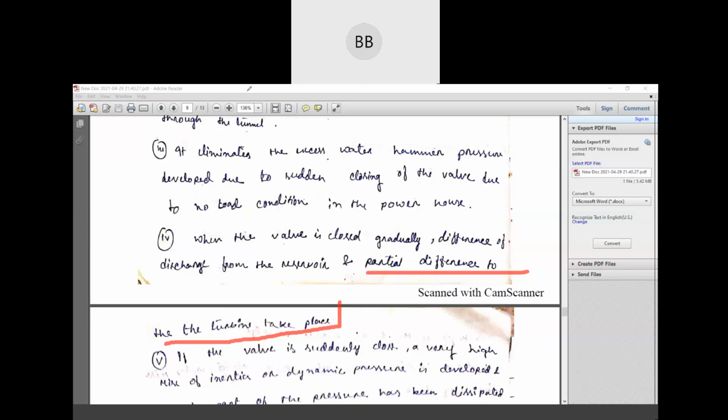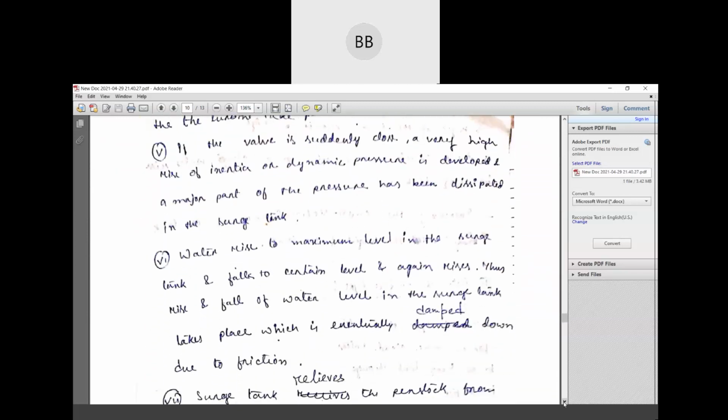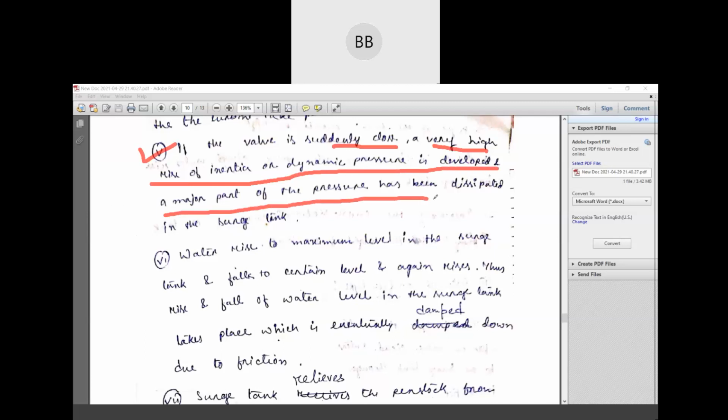Okay, then we move on to number 5. So here, if the valve is suddenly closed, a very high rise of inertia or dynamic pressure is developed. Okay, and a major part of the pressure has been dissipated in the surge tank.